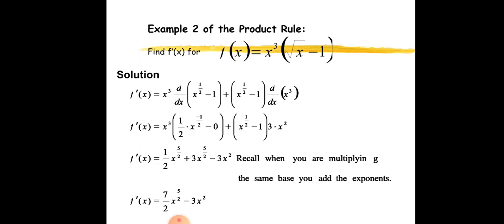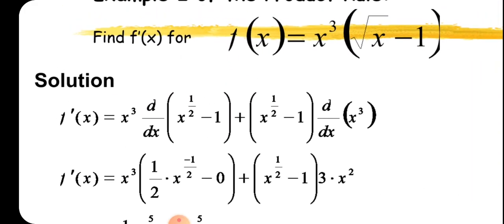Example number 2. F of x equals x power 3 times root x minus 1. Find f prime. To find f prime here, you have to use the product rule. First, which is x power 3, times the derivative of the second, and you have to consider root x as x power half.